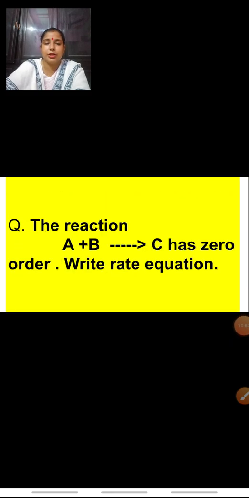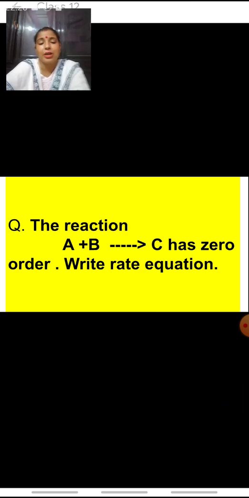And the question is, for the reaction A plus B gives C, this reaction is a zero order reaction. What you have to do is write down the rate law equation. Now, how do we write the rate law equation?